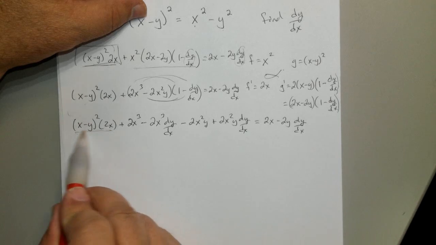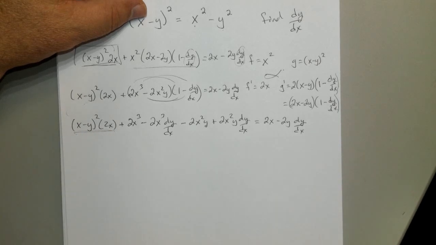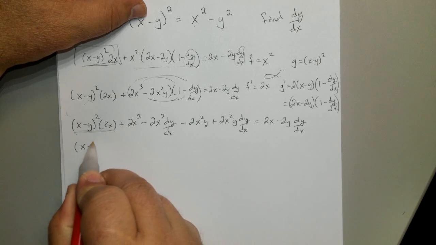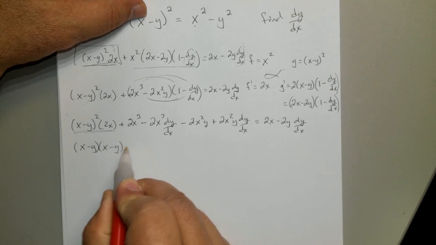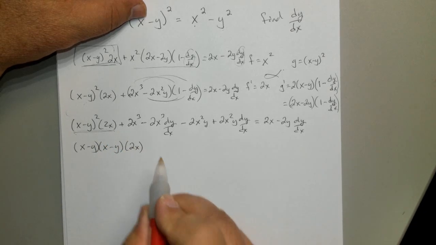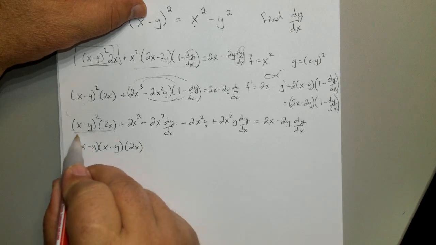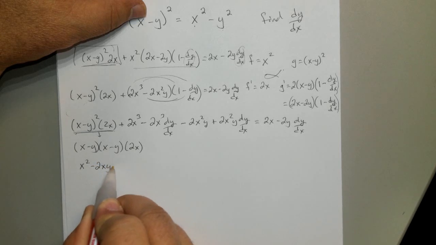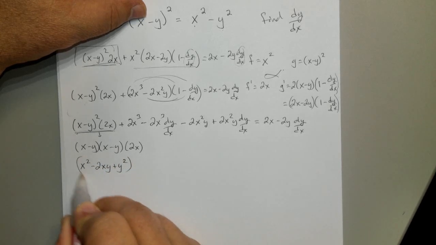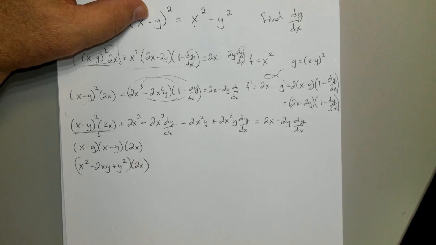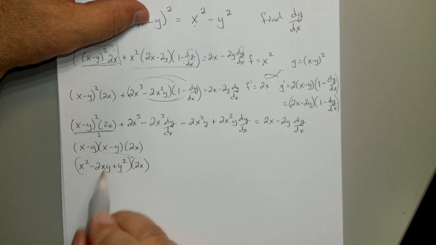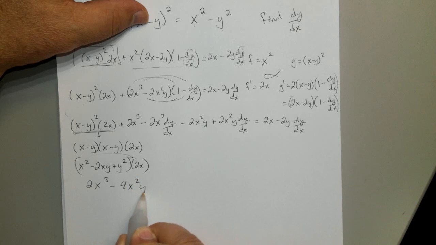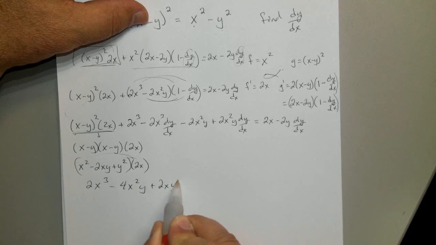Well, I think we're going to have to multiply these together because that way we can combine like terms. (x minus y) times (x minus y) times 2x. This becomes x squared minus 2xy plus y squared. Distribute. 2x cubed minus 4x squared y plus 2xy squared.